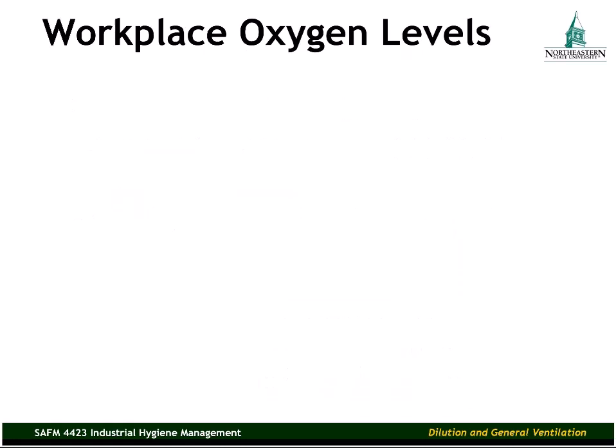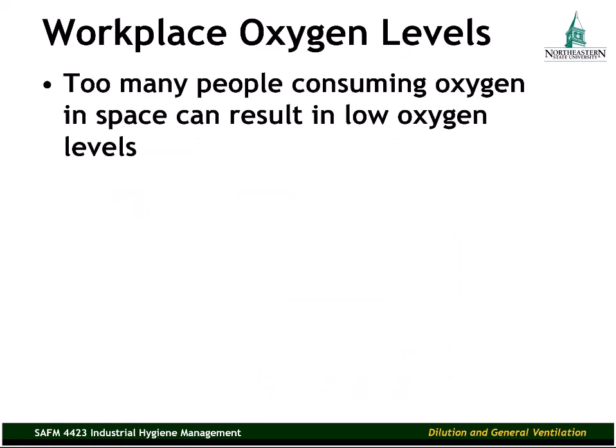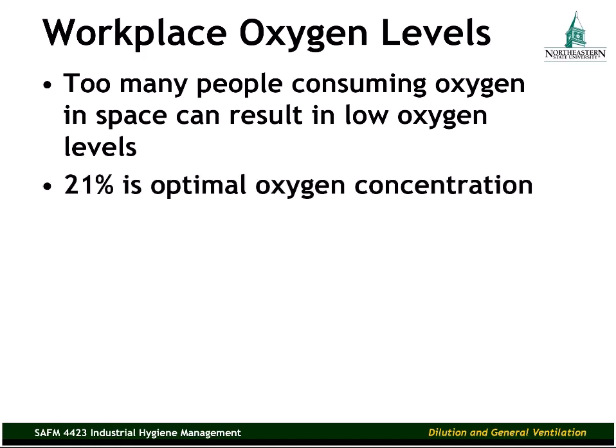And we've talked about workplace oxygen levels. Too many people consuming oxygen in a space can result in low oxygen levels. Of course, our optimal is 20.9% or 21%. And there's a little bit of range there, like 19.5% to say 22%. But once you get below 19.5%, you can start seeing some physical effects.